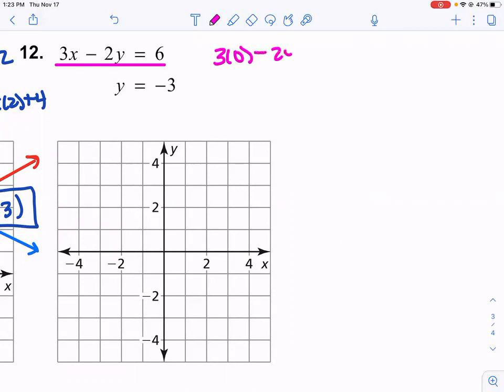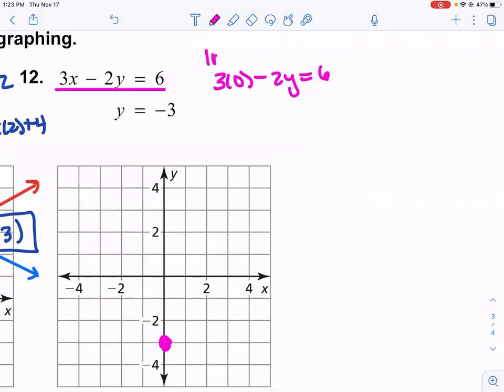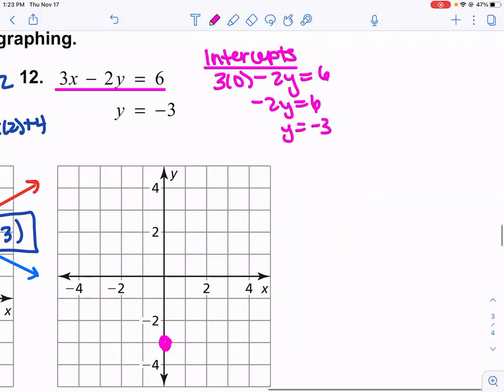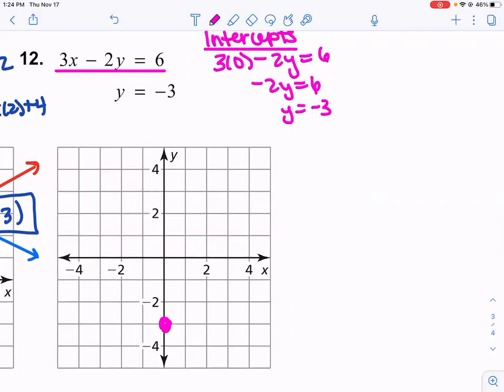Y would equal negative 3, because I would have 0 minus 2y equals 6. This was finding the intercepts. So negative 2y equals 6, which means y equals negative 3. There's my y-intercept.